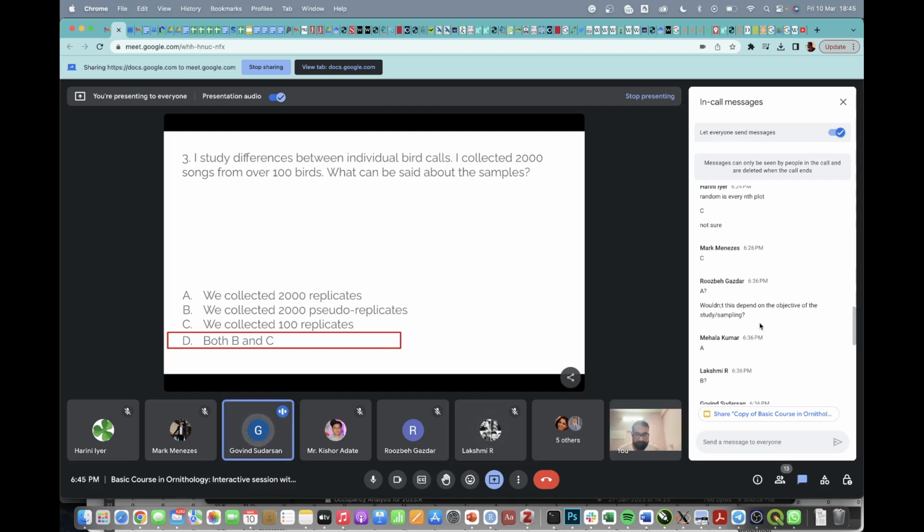But in such a case, can we say that there are 2000 pseudo replicates? I mean, 2000 minus 100, 1900 pseudo replicates, if we are collecting 20 calls per bird?